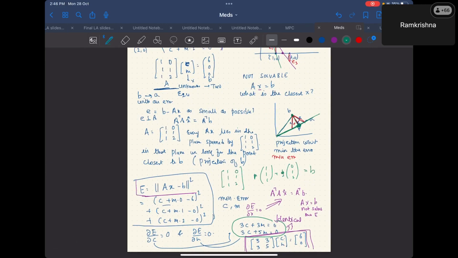So what we could also alternatively check is the following. We can take the same example. Let me see if I can find the solution for this.